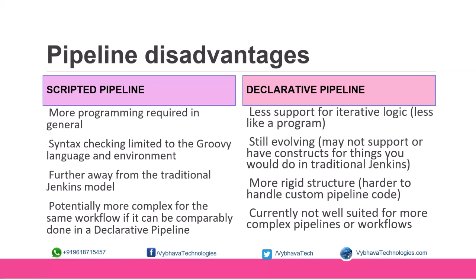Currently the declarative pipeline is not well suited for solving more complex automation problems. First you test that it is available, then we can switch back to the scripted pipeline and write it into the Jenkinsfile. That is the advantages and disadvantages between these two types.